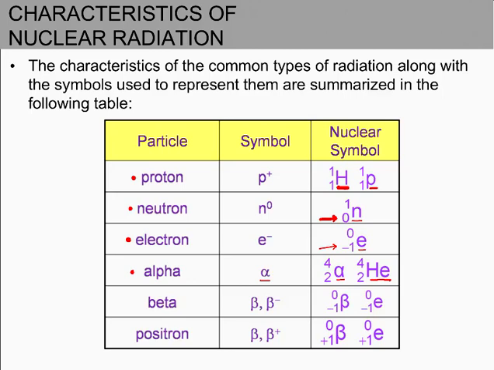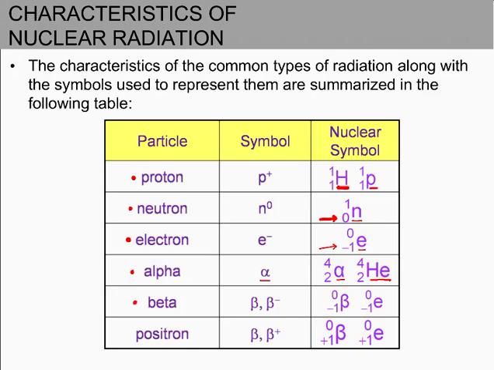All right, so then we have a mass number of 4 in the upper left because we have 2 protons and 2 neutrons. And so that gives us a mass of 4. And then the number of protons is 2, so we put 2 in the lower left.